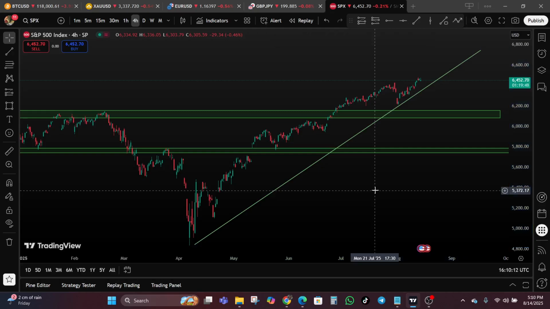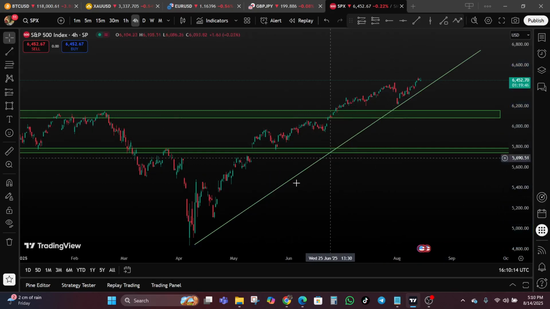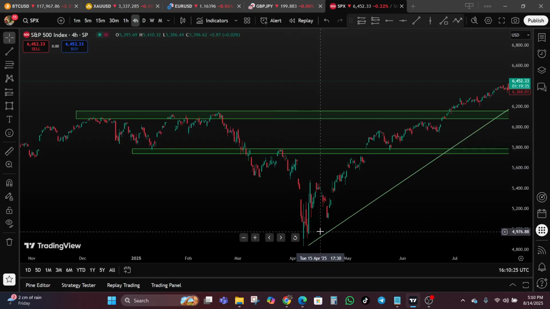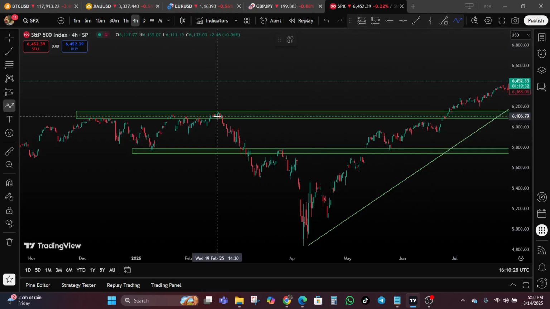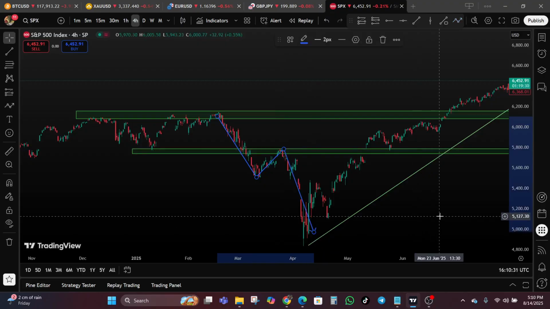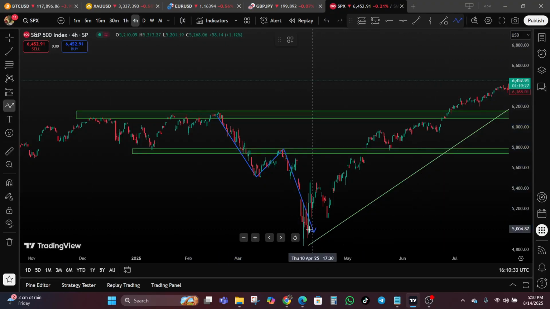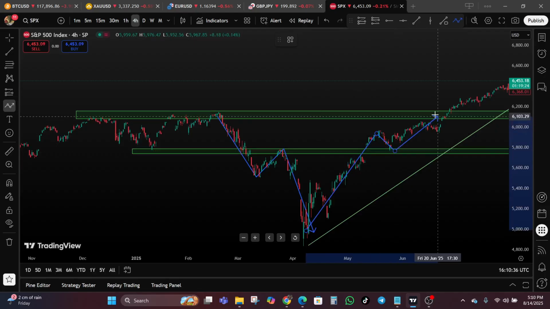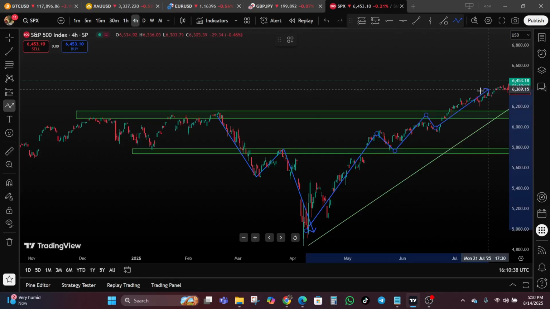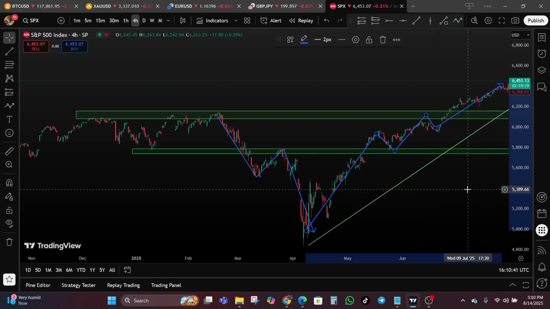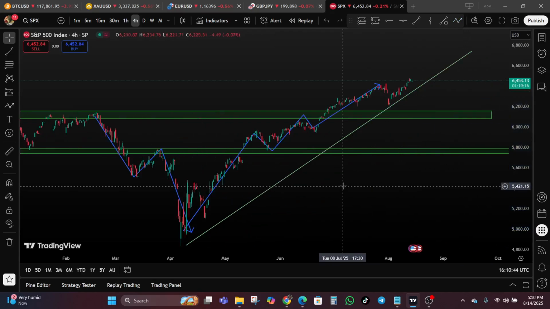In an uptrend, you'll be looking for higher highs and higher lows, just like what we can see happening here. In a downtrend, you'll be looking for lower highs and lower lows. Market structure tells you the overall direction, helping you avoid trades that go against the dominant flow.